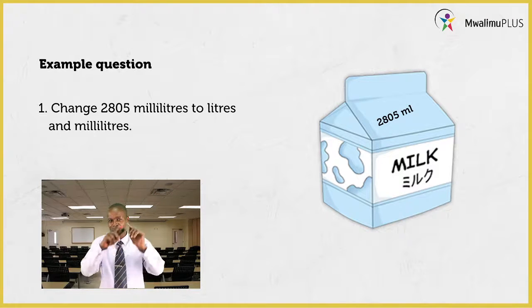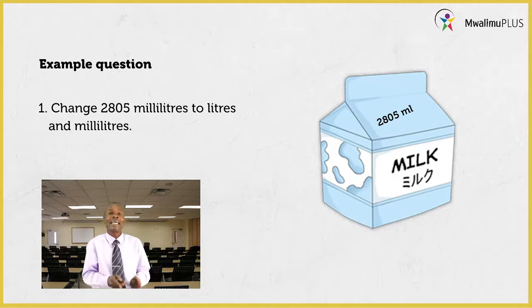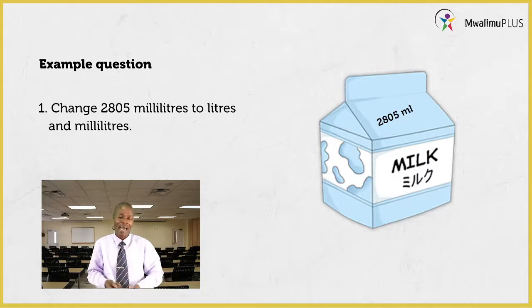So we're going to separate this, and we only get liters and milliliters separately. First of all, this is the big container I'm talking about. It has 2,805 ml. We convert this into liters and milliliters, and this is what we do.